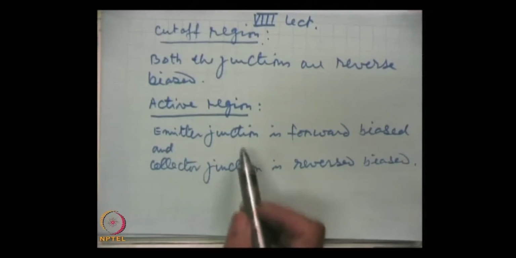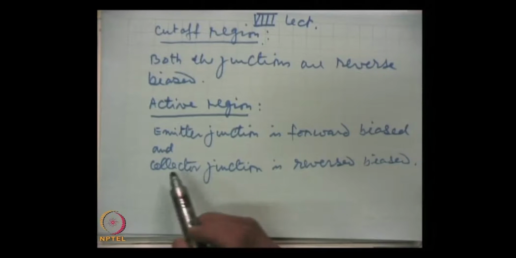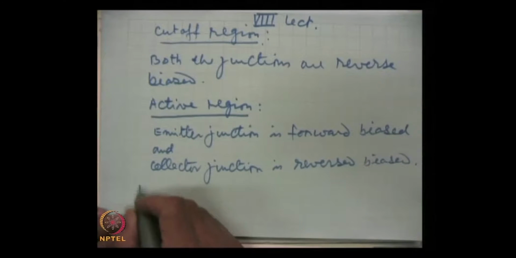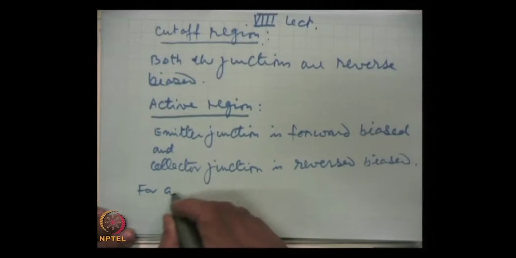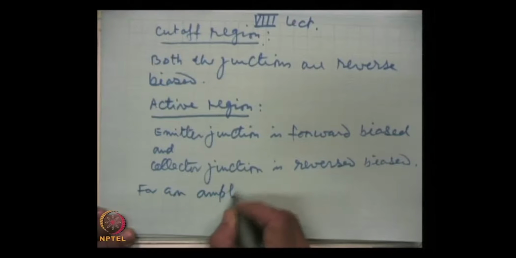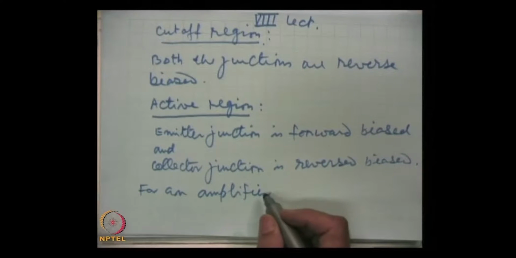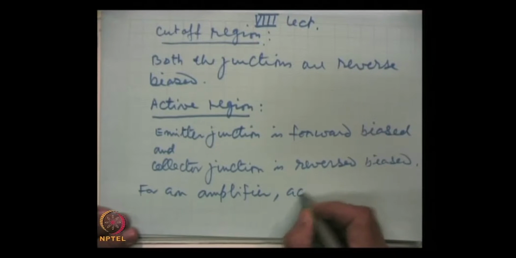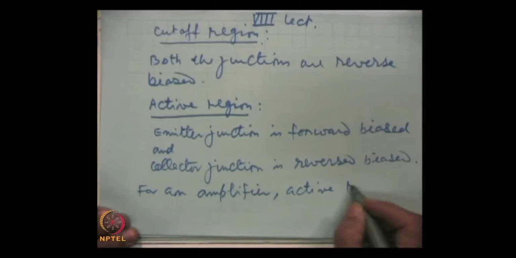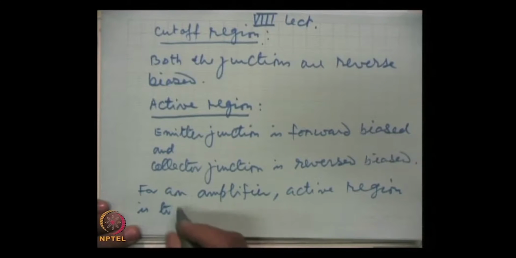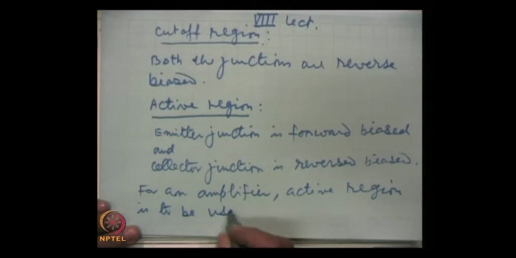So, in the active region, the emitter junction is forward biased and the collector junction is reverse biased, and for an amplifier, the active region is to be used. What does it mean?